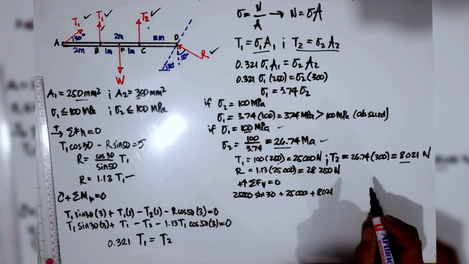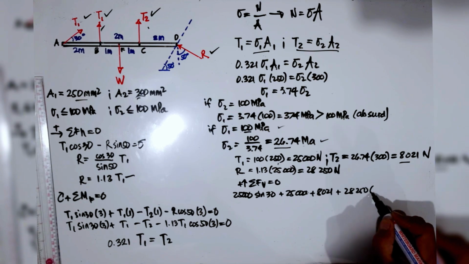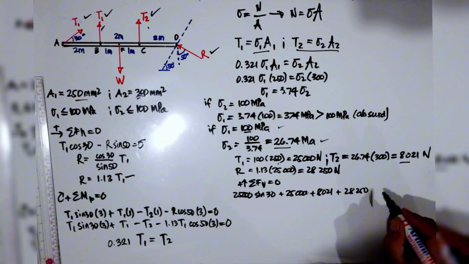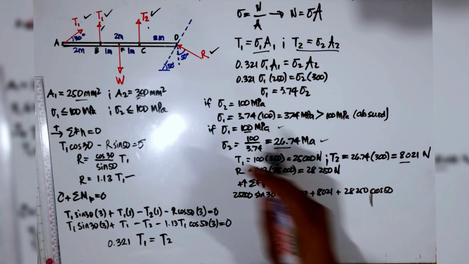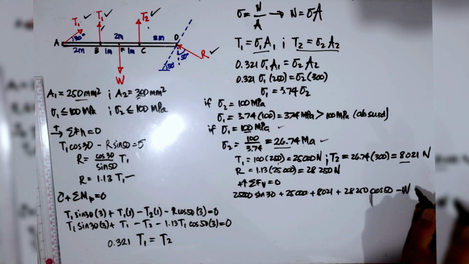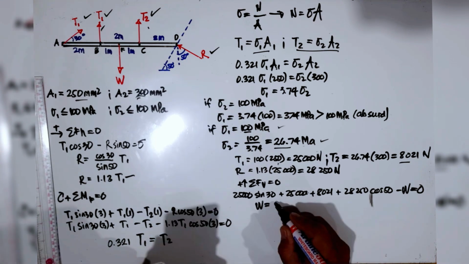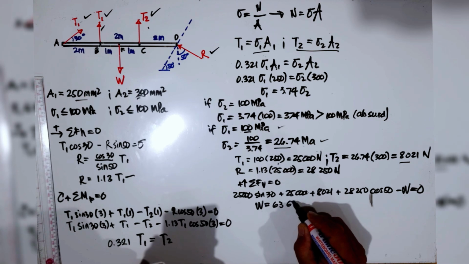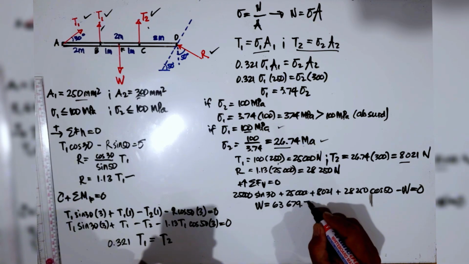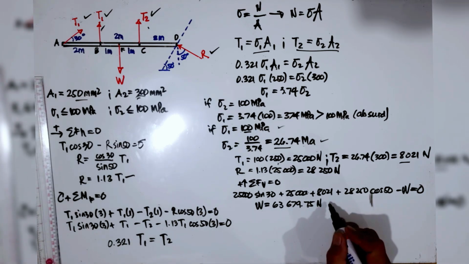And the vertical component of R, that's 28,250. This is R, multiplied by what? Cosine of 50. And the only force going downward is W minus W equals 0. So from here, we can solve W. W is 63,679.75 newtons.